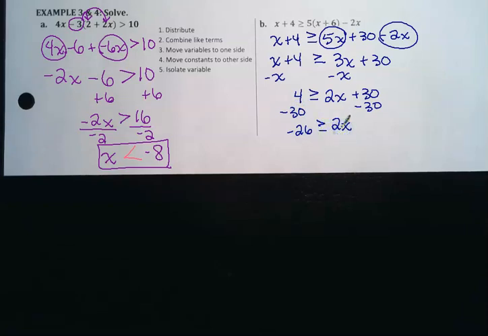Then you divide by 2 on both sides. Did you divide by a negative number? Nope. Then you don't flip the sign. It's okay to have a negative answer, but you divide by a positive here. So it would be negative 13 is greater than or equal to x.